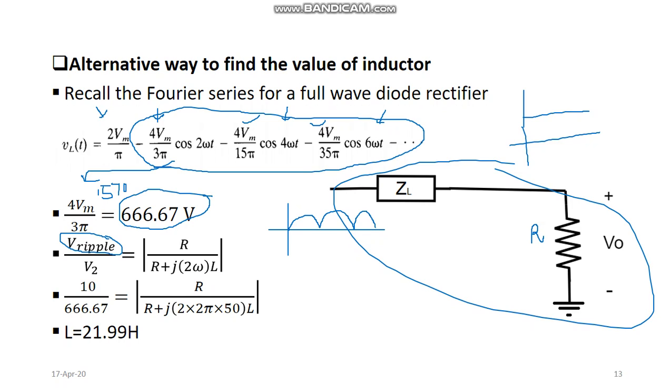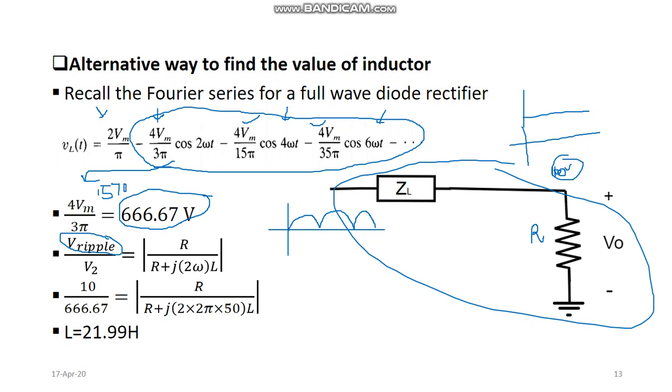Ideally I want it to be completely blocked, but that is quite difficult and impossible. So after passing through, I want it to come out to be 10 volt only. This ripple reduces to 10 volt. That was my design specification.